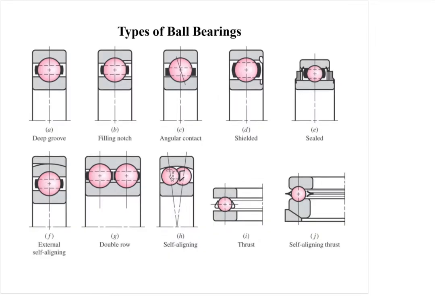Here's a bunch of different types of ball bearings. Deep groove, this is probably the most common. And filling notch, my PhD was in rolling element bearing fault analysis, and I've never seen a filling notch bearing in my life.